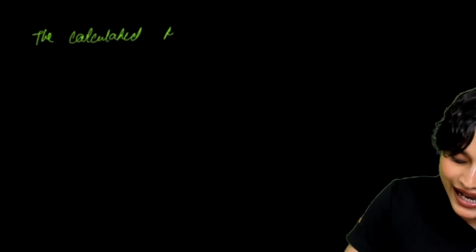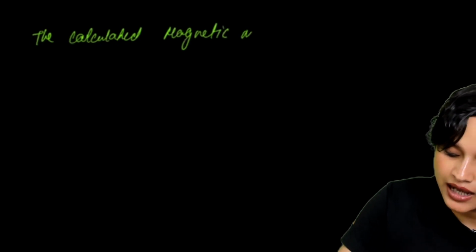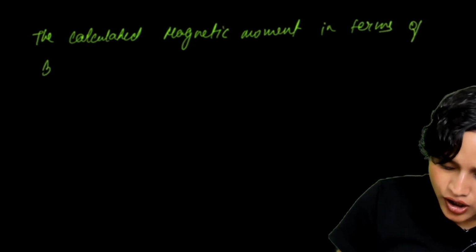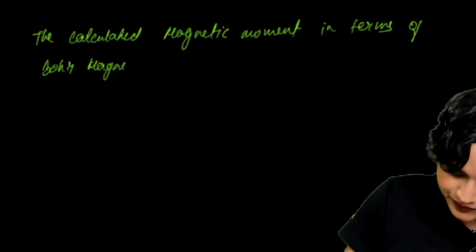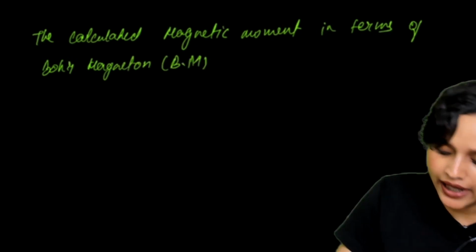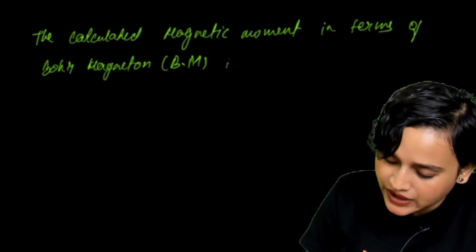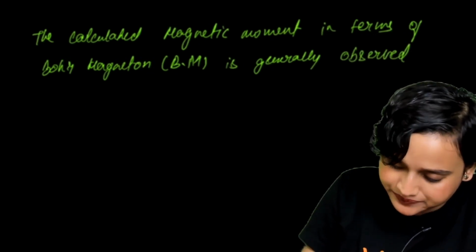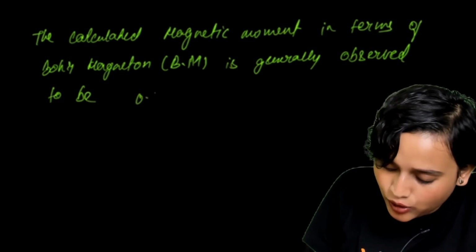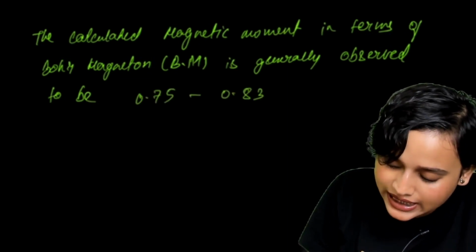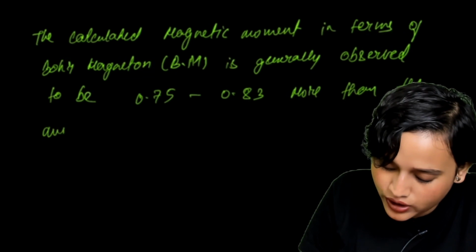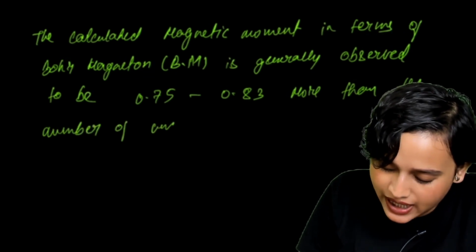The calculated magnetic moment in terms of Bohr magneton, or BM, is generally observed to be 0.75 to 0.83 more than the number of unpaired electrons.